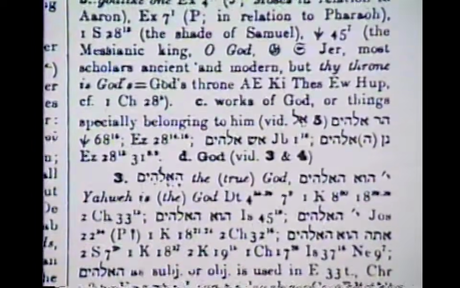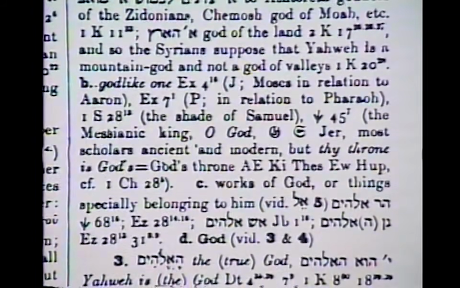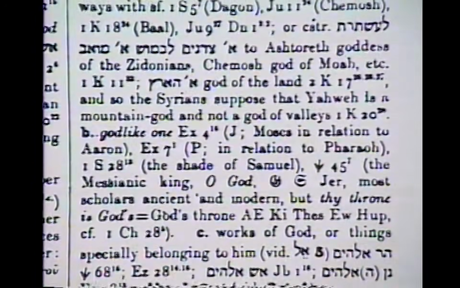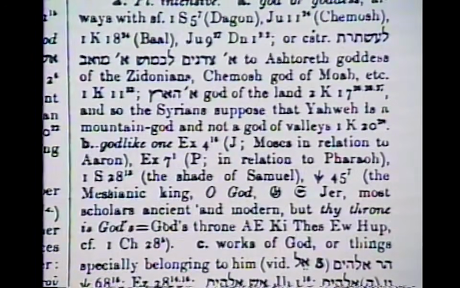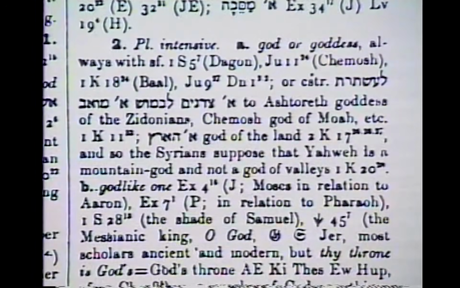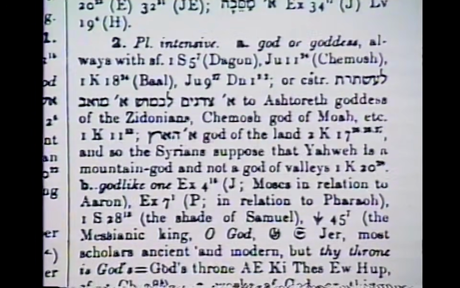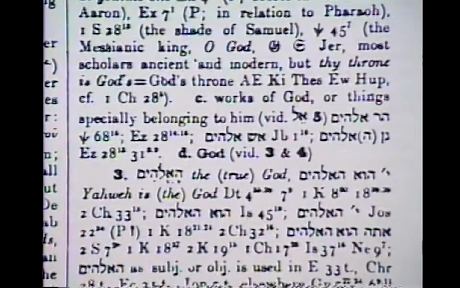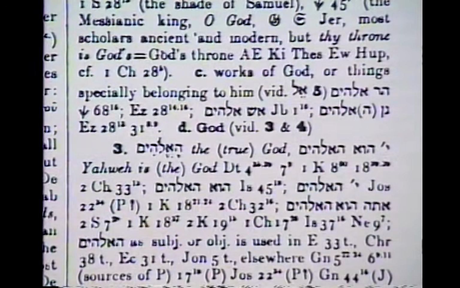There's number 3 there. And just kind of see the way he breaks it down. He gives you a number 2 and then a number 3, various definitions. For example, in that plural intensive can mean God or goddess. And then dropping down to number 3, it means the example of the true God, or Yahweh is God, and so forth.